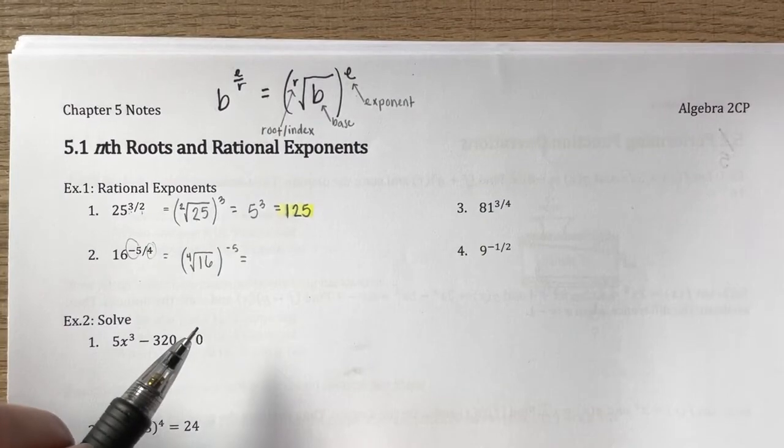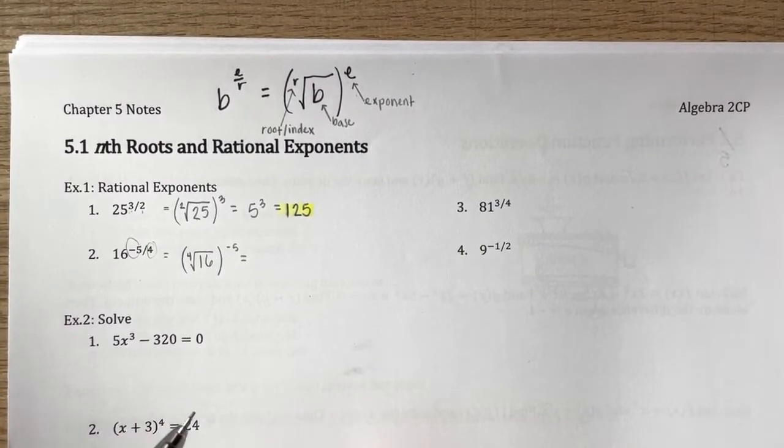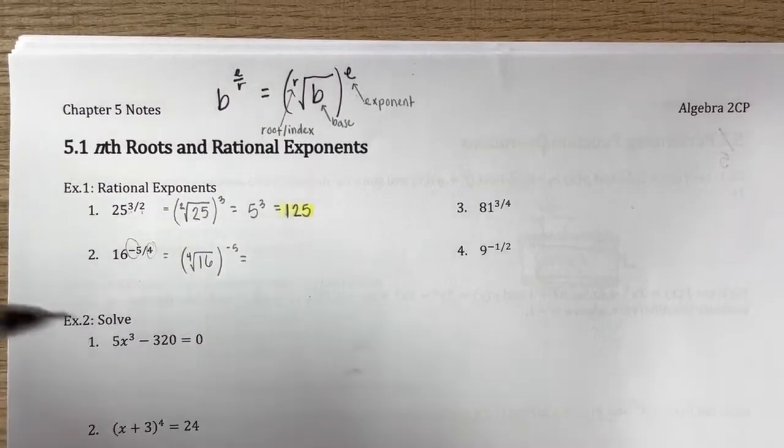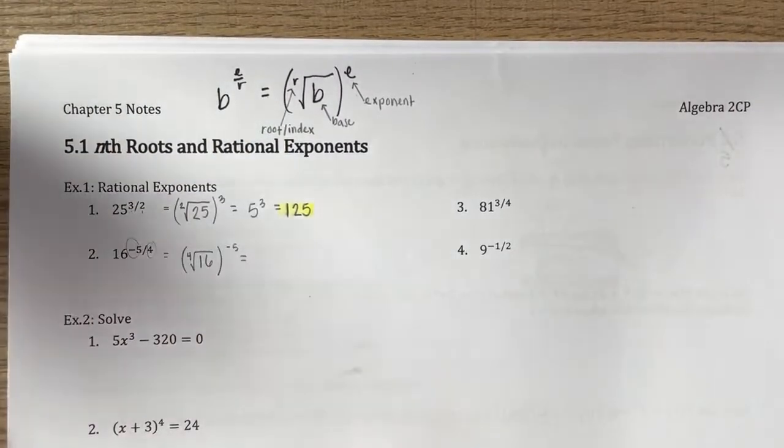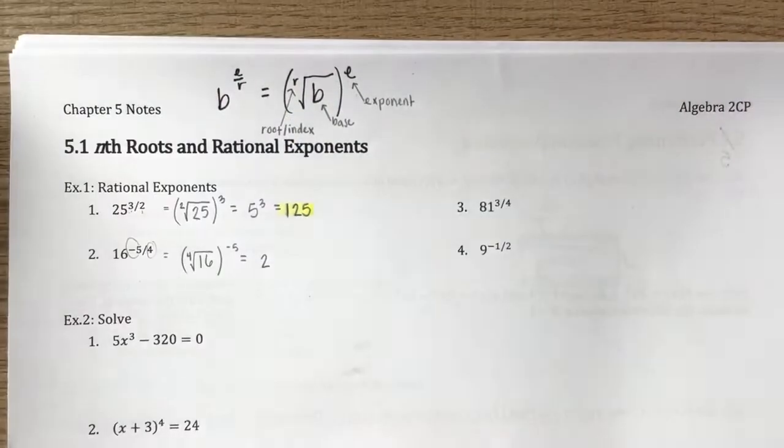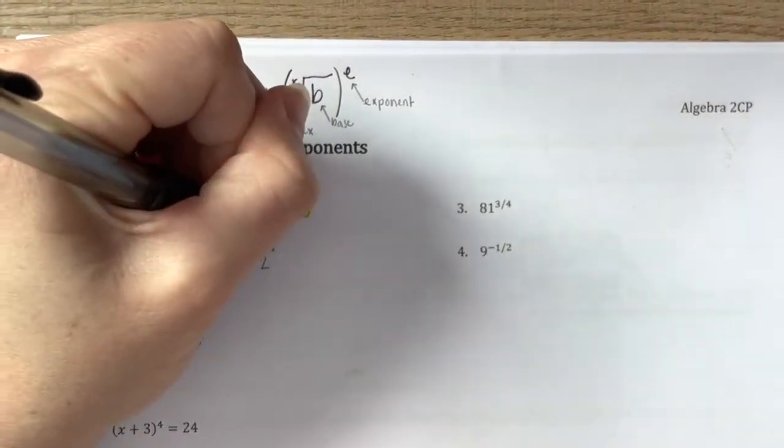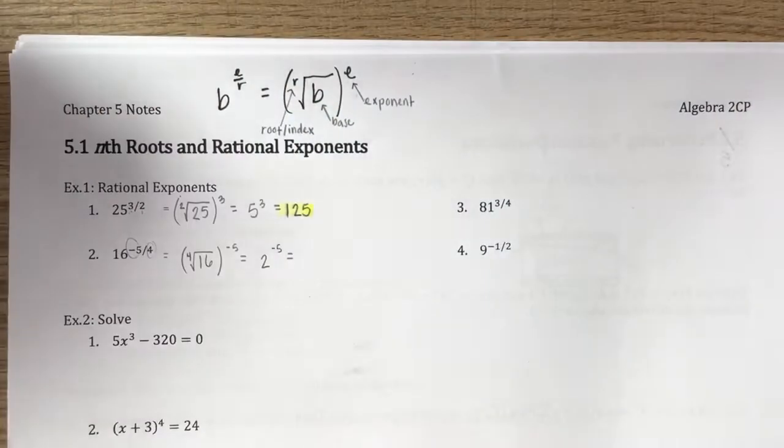For the 4th root of 16, what number times itself 4 times equals 16? It would be 2. 2 times 2 is 4, times another 2 is 8, times another 2 is 16. So the 4th root of 16 is 2, and then I'm raising that to the negative 5th power.